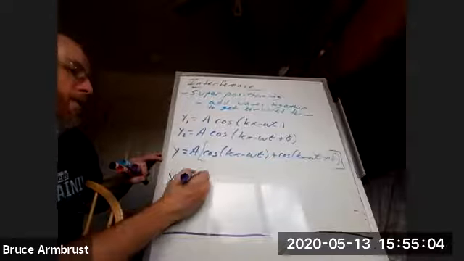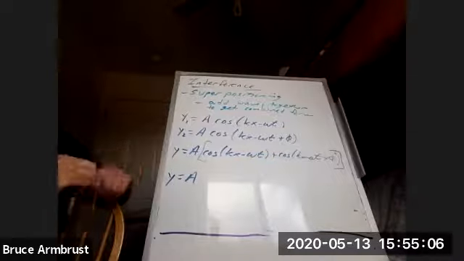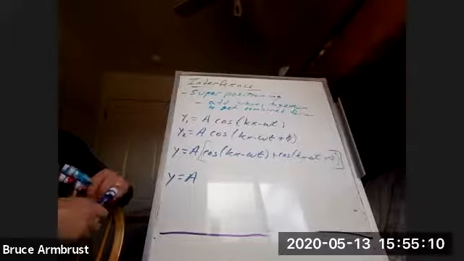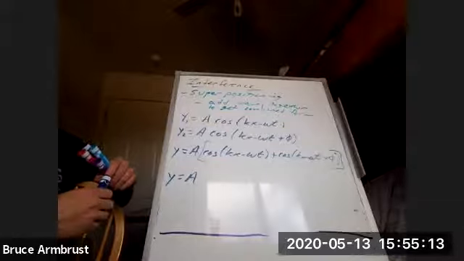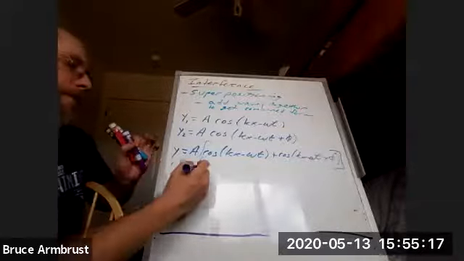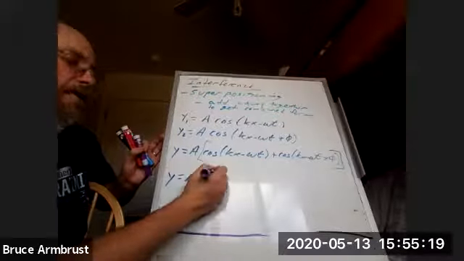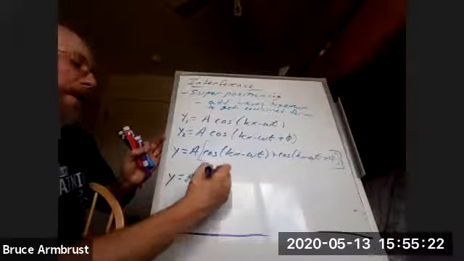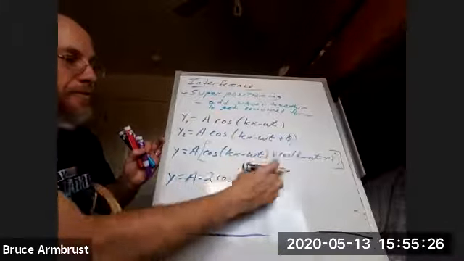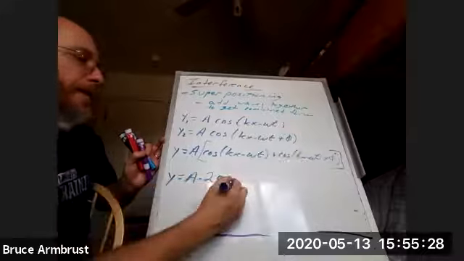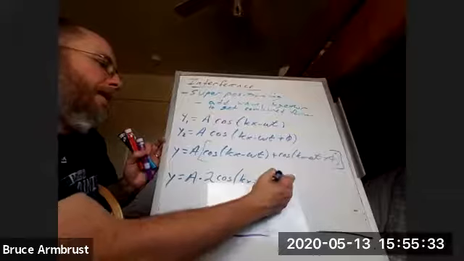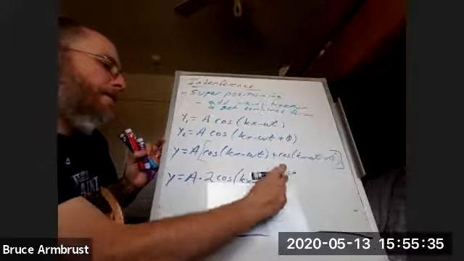You can just take my word for this, or you can go back and figure it out yourself or look at them. But when you have cosine plus cosine, what you end up getting is 2 times the cosine of the average of these two. So you add them up and divide by 2. So we're going to get kx minus omega t plus phi over 2.